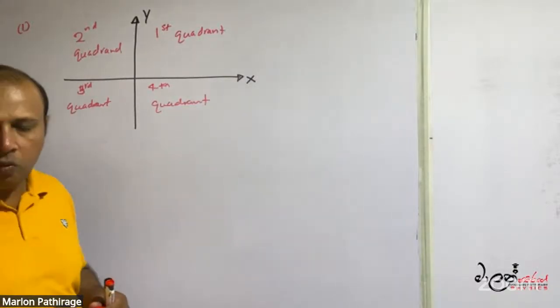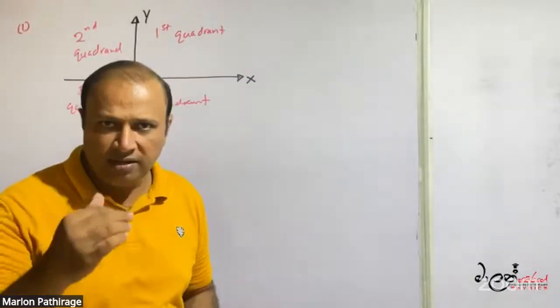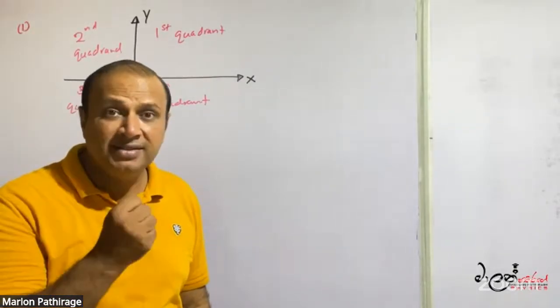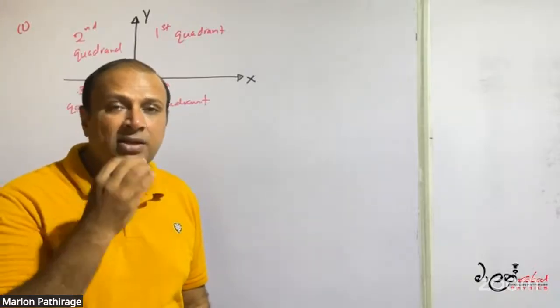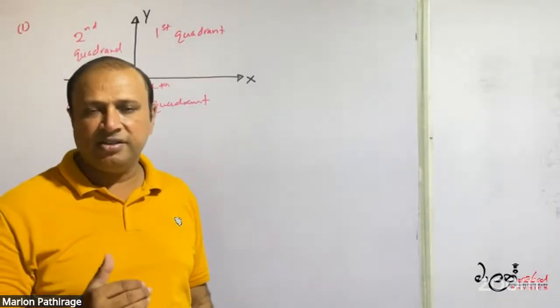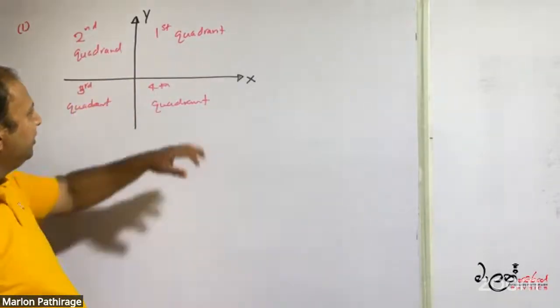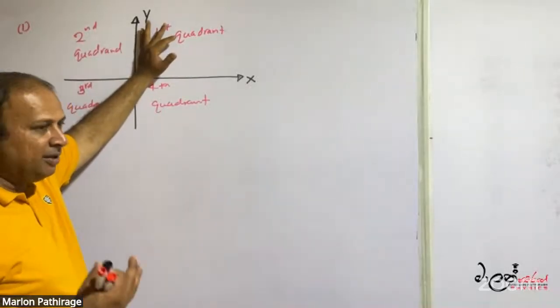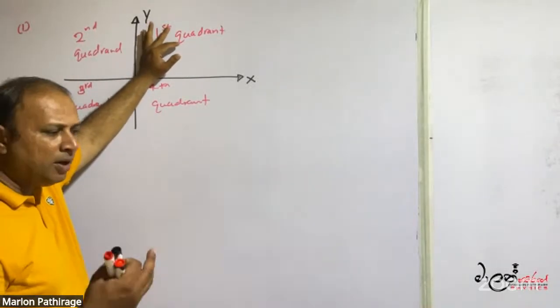So once you can decide the location, or once you can decide what the quadrant is, then you can select one quadrant. Once you can determine the quadrant, then you have to worry about the shape.